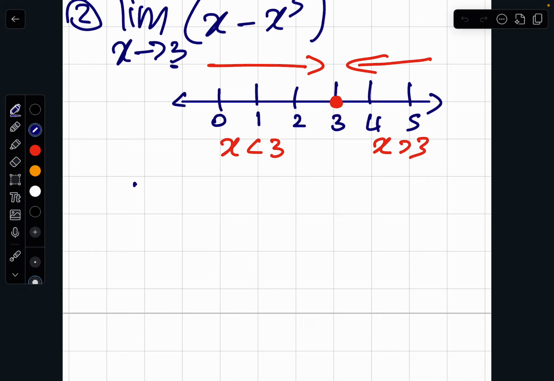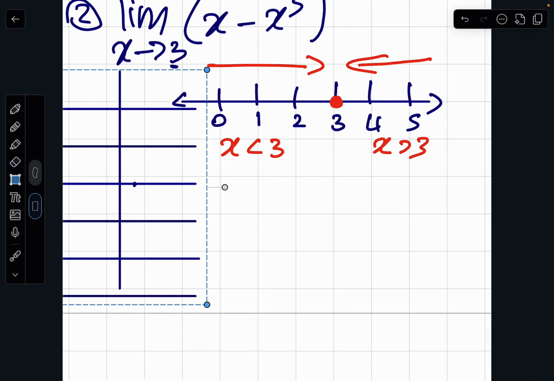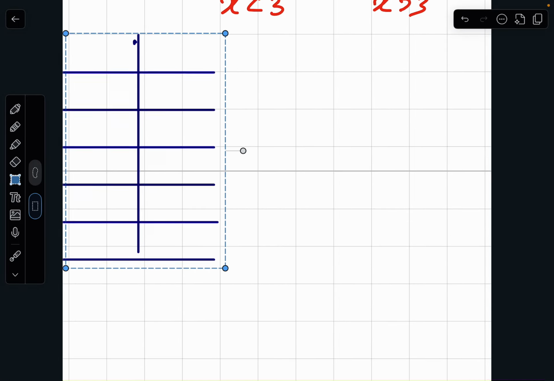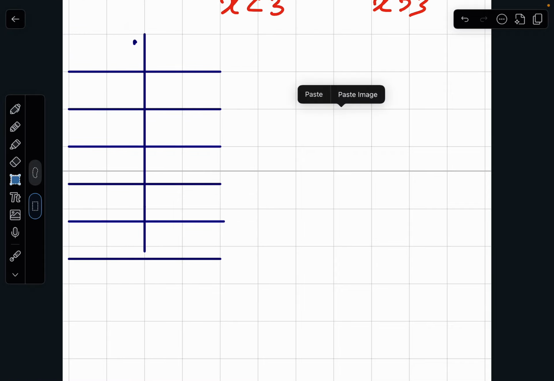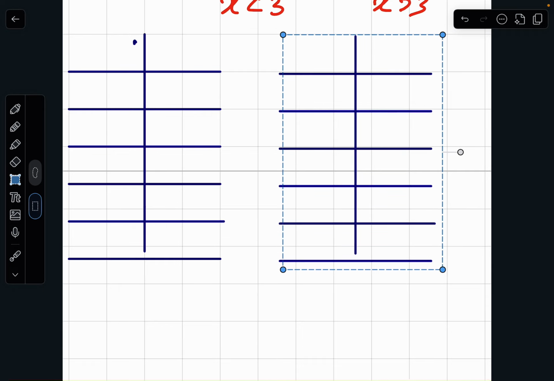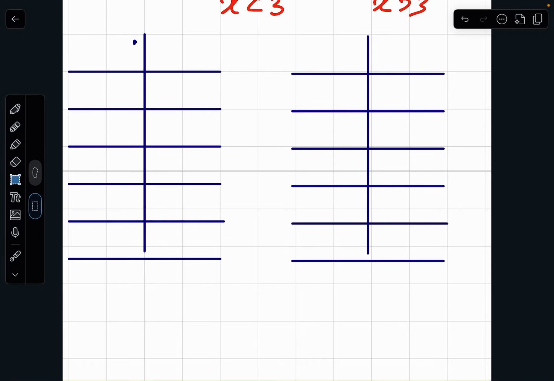Your table must have how many columns? I told you, your table must have 5 rows, not 5 columns. Don't make a mistake. This side we put our x.